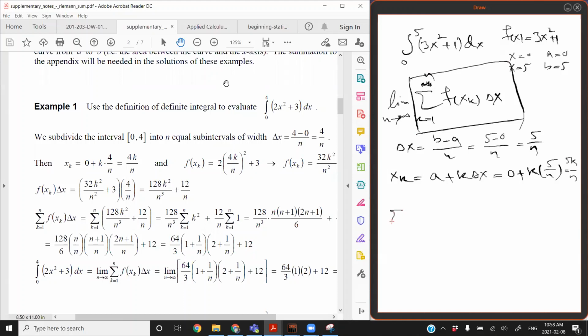So I'm going to have sigma of f of 5k over n times delta x, which is 5 over n.